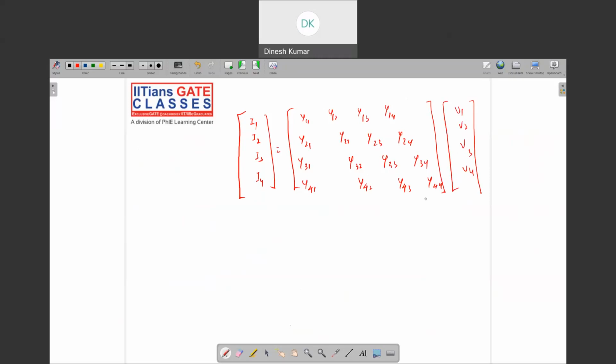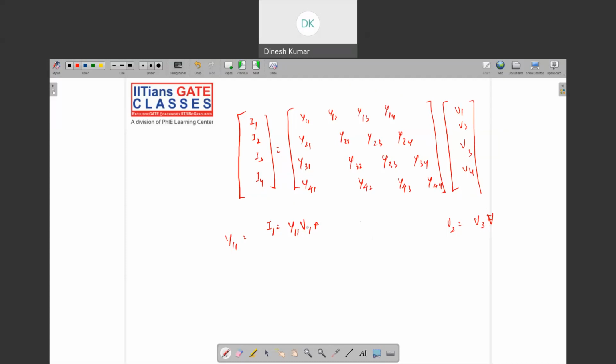So what is y11? We can write I1 equal to y11 V1 plus y12 V2 plus y13 V3. Assume that all other bus voltages V2, V3, V4 are equal to 0.